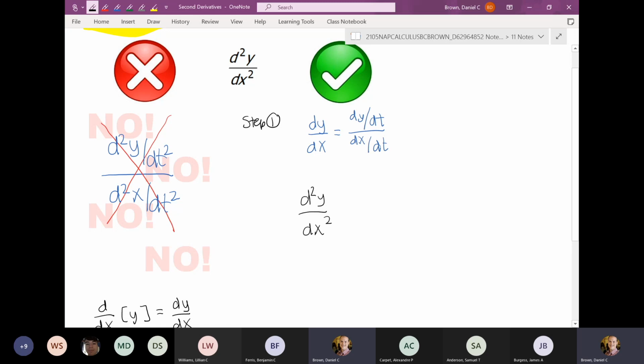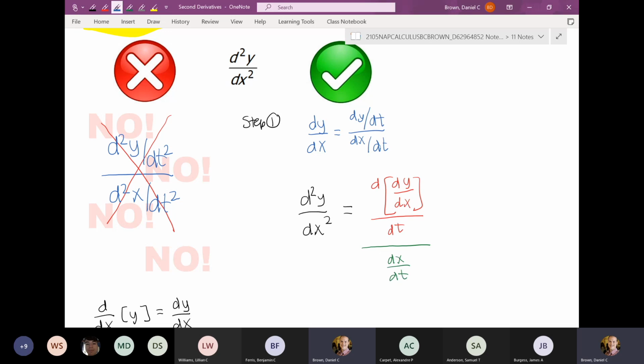So it's not with respect to t, it's with respect to x. It's going to be given by the derivative of that first derivative, but with respect to t.